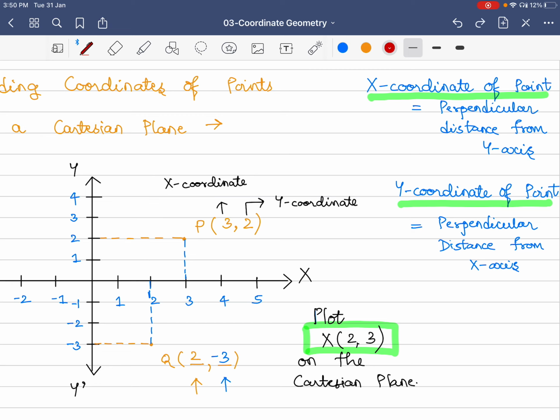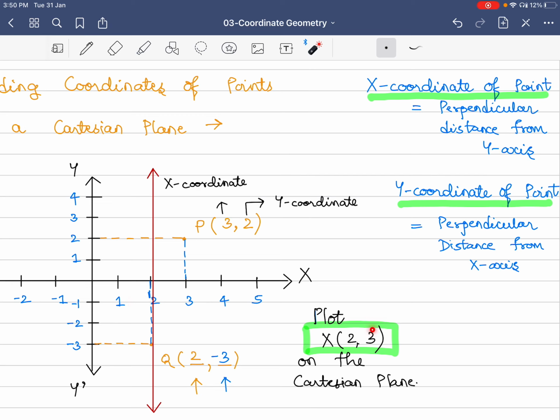In fact, let's draw a line itself. So this line has a perpendicular distance of 2 from the y-axis. Take any point on this red line, it has a perpendicular distance of 2 from the y-axis.